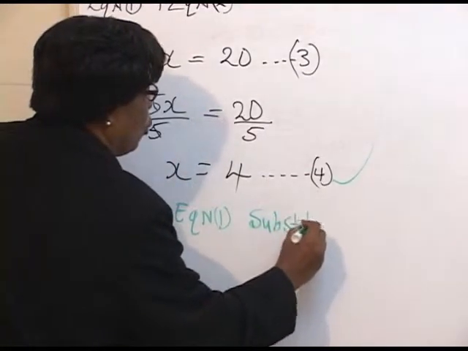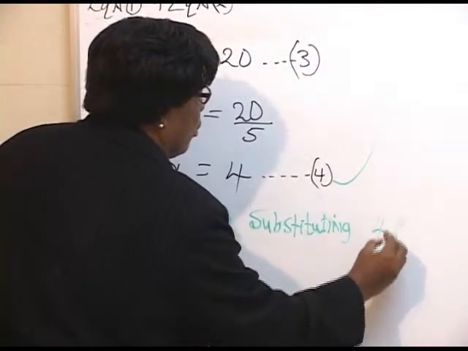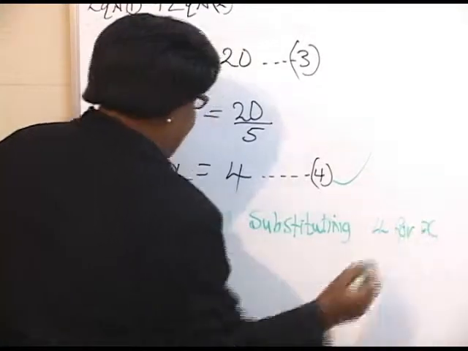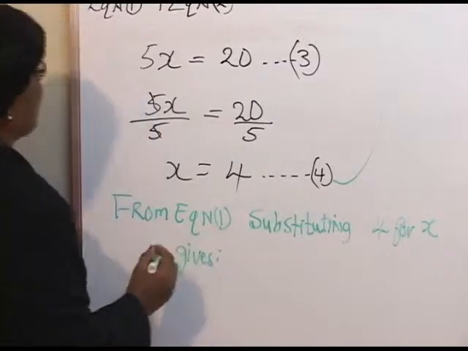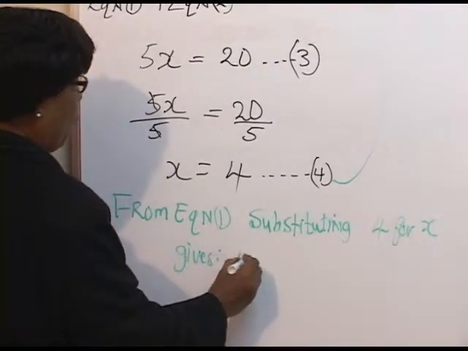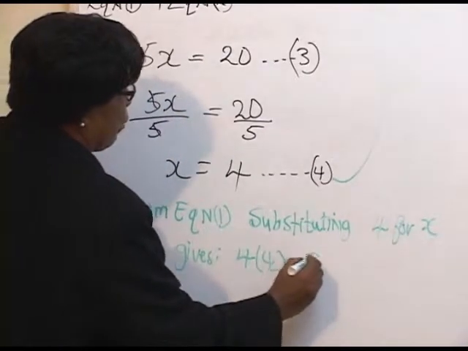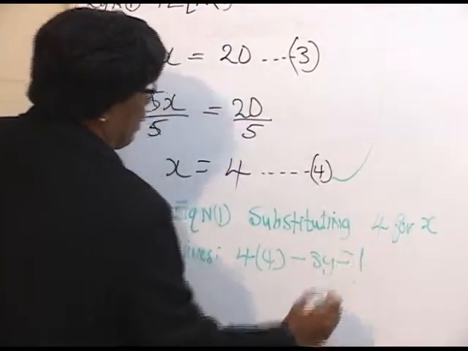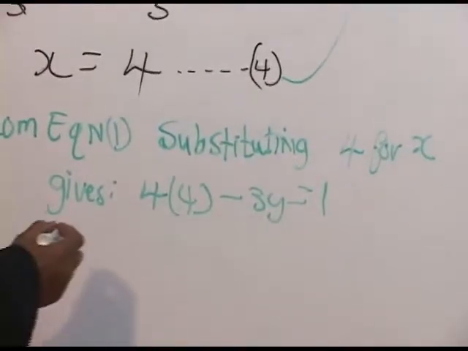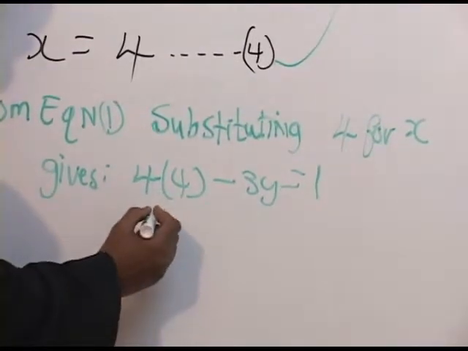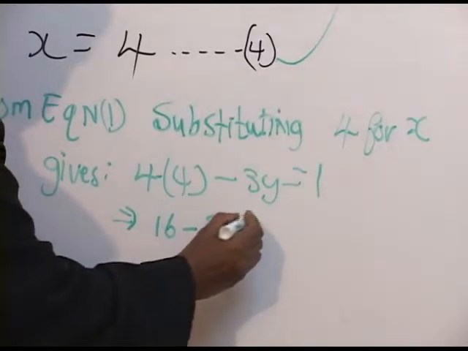Substituting 4 for x gives 4 times 4 minus 3y would be equal to 1. All right, so here we're going to get 4 4s would give me 16, and it's minus 3y is equal to 1.